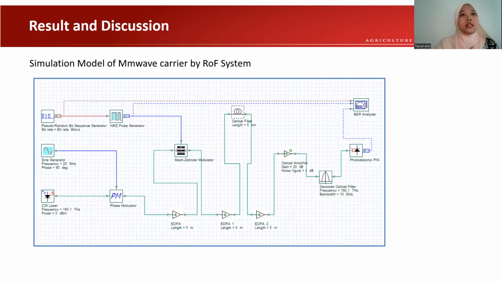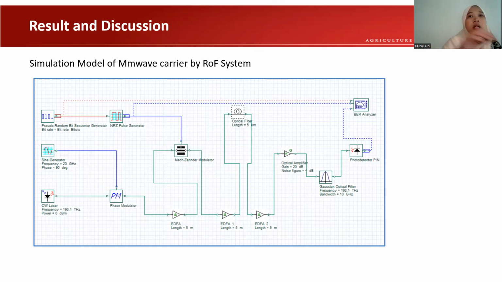So this is the simulation model of the millimeter wave carrier by RoF system, where the bits are generated using a PRBS generator. The pulses are obtained using a non-return-to-zero pulse generator, and then the millimeter wave is obtained from the modulator output.